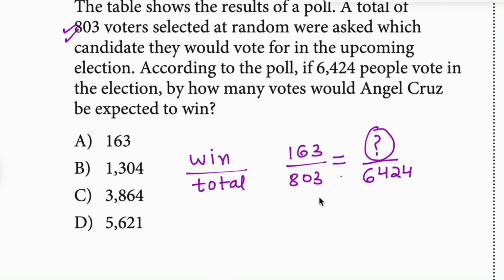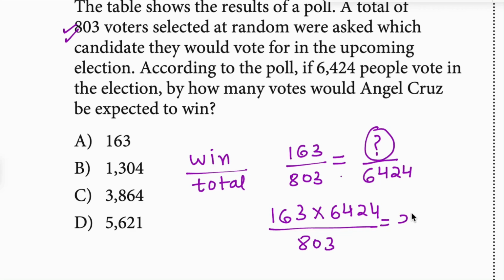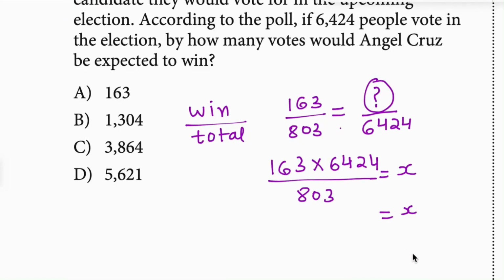So multiply by 6424 on both sides over 803. That is the difference, let's say it's x. If you calculate it with a calculator, that is 1304. That means B is the right option.